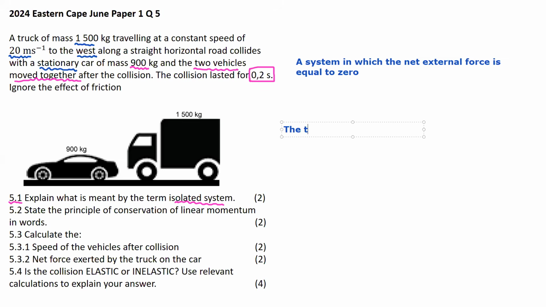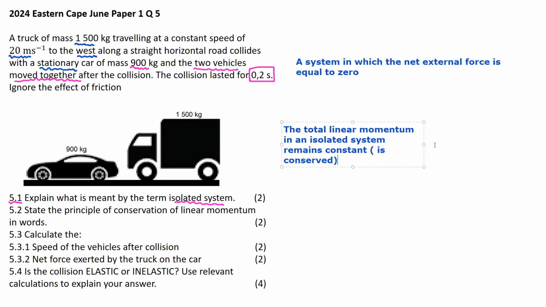So we would say the total linear momentum in an isolated system remains constant. Remains constant. You can say is conserved, but I prefer that you say remains constant. Is conserved. You can say that.